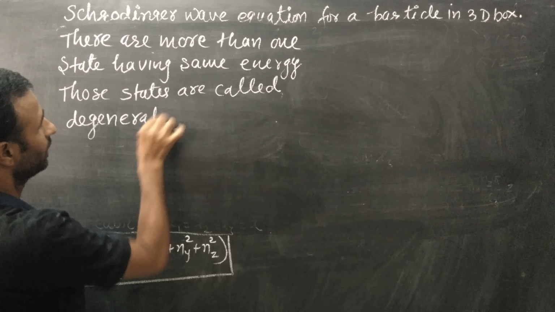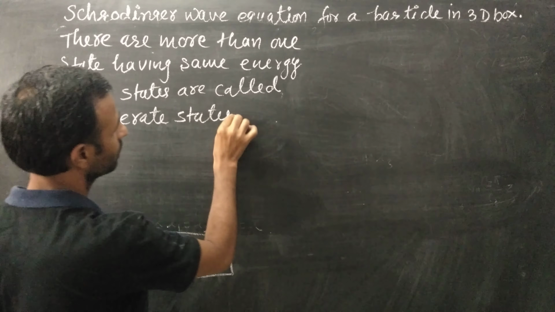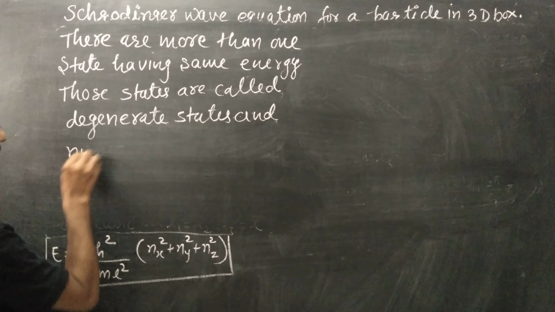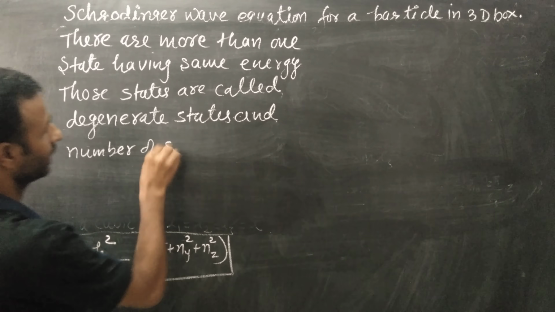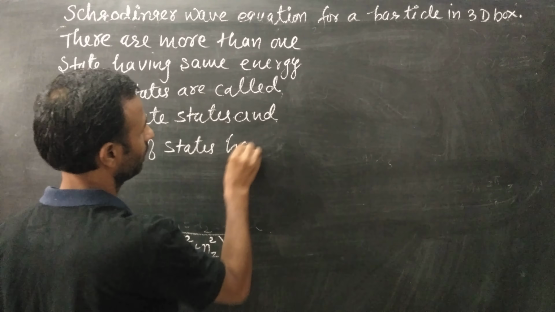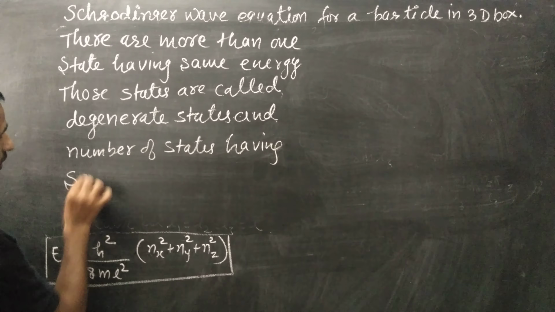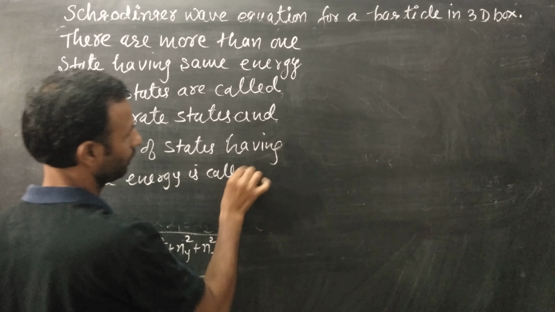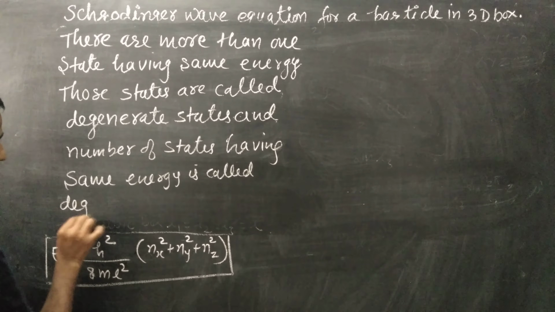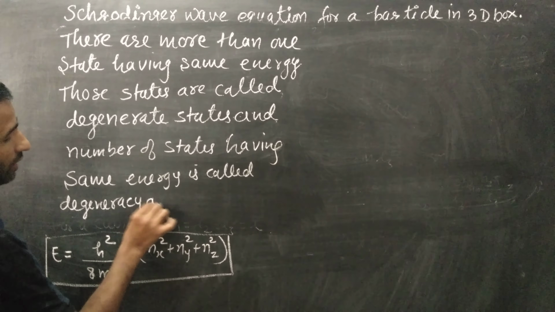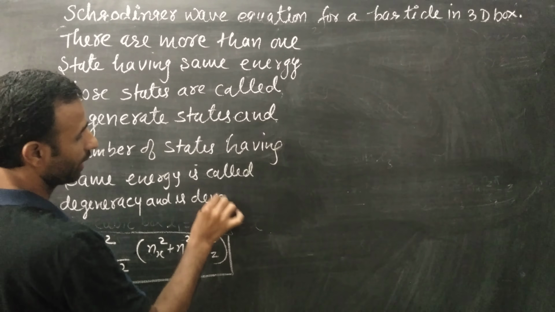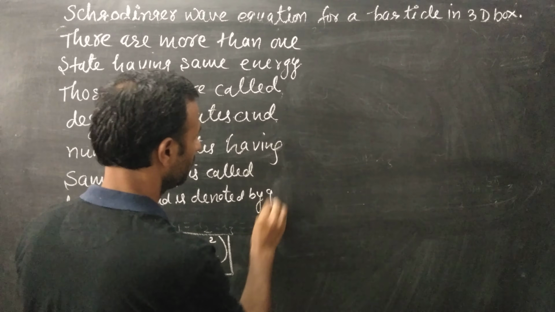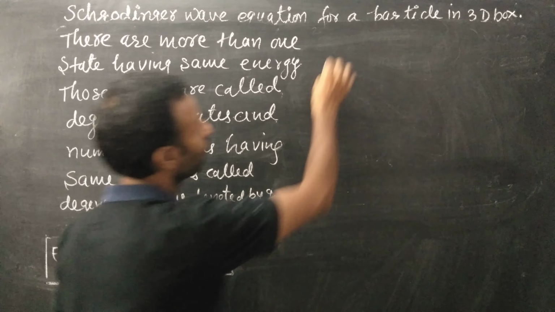We call them degenerate states, and the number of states having same energy is called degeneracy. We call it as degeneracy and it is denoted by small g. Okay. Now let us plot a graph.